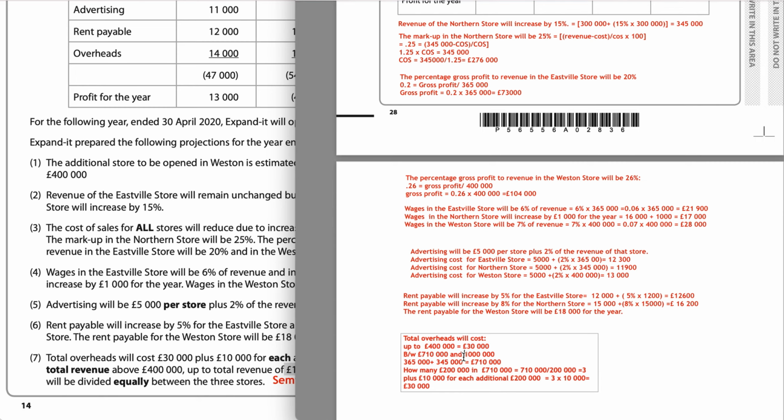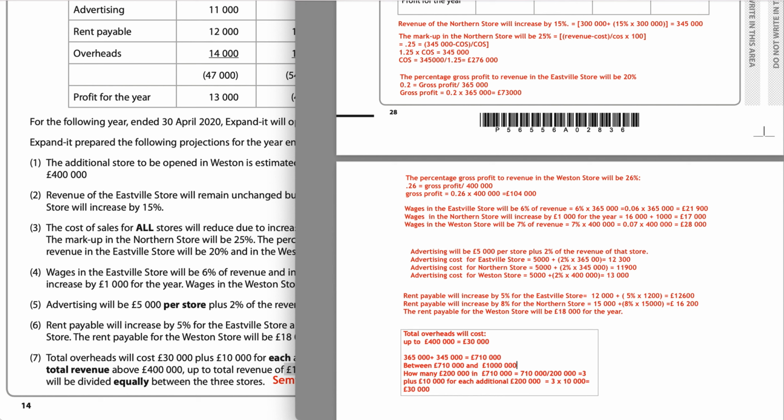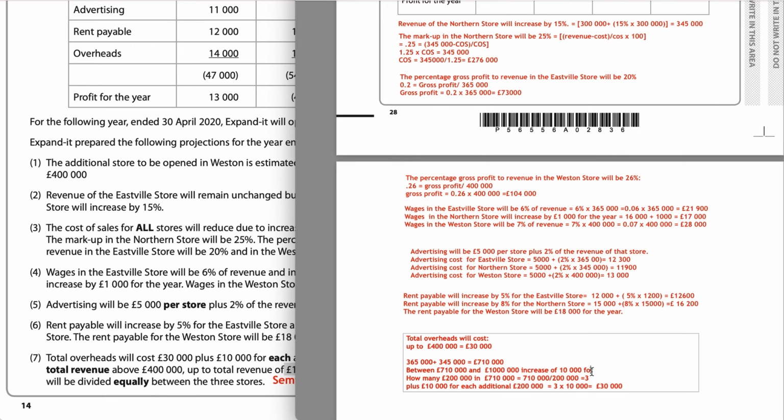Between 700,000 and 1 million, it says it is going to increase by 10,000 for every 200,000 increase.